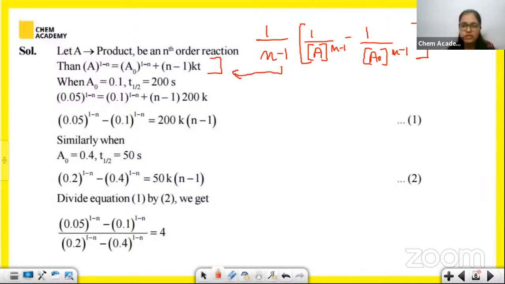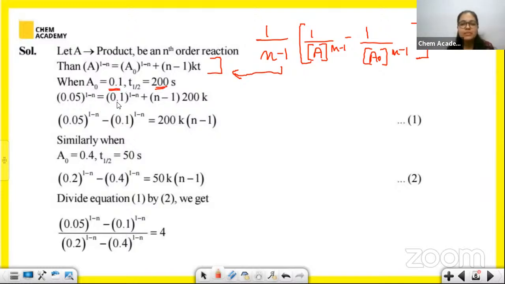This is just a version of this. You don't have to get confused because of this. So here we knew that for the initial concentration of 0.1, the half time was 200 seconds. So on substituting these values into the general integrated equation, let us see how we do that.